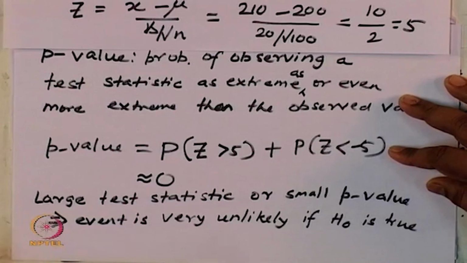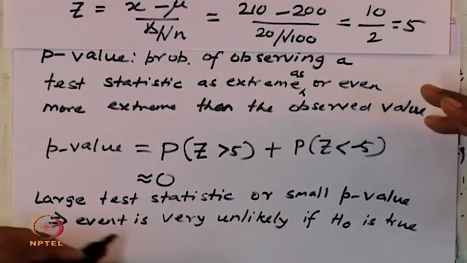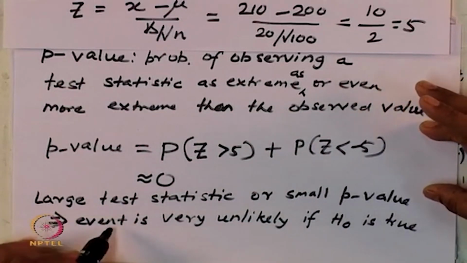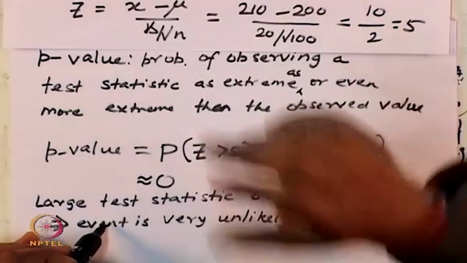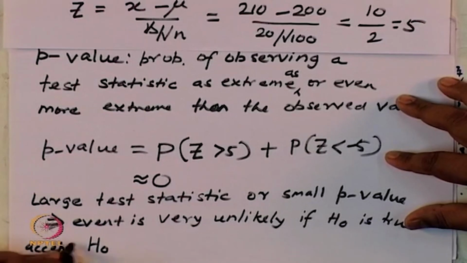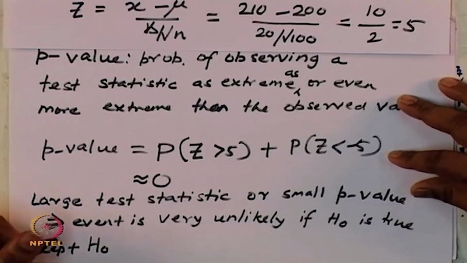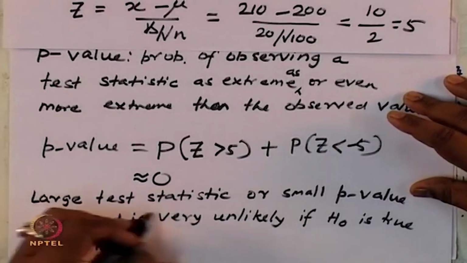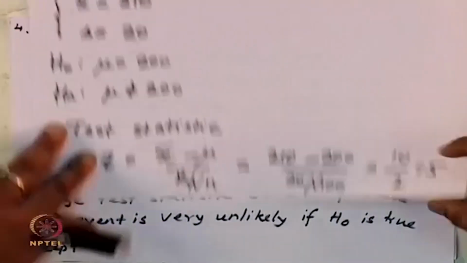This tells me that in this case this is a very unlikely event if the average was to be 200. So in this particular case I would reject H naught, because this probability is very low.